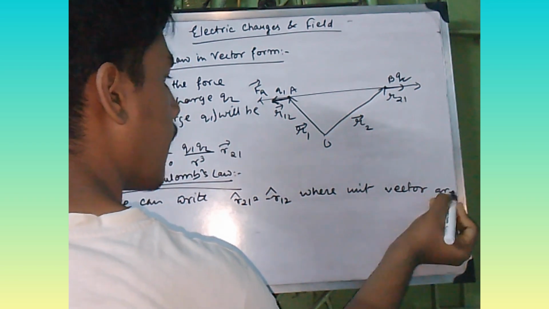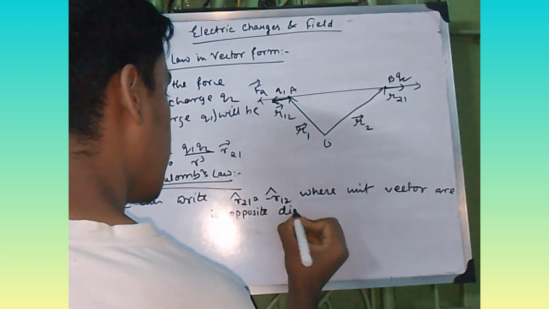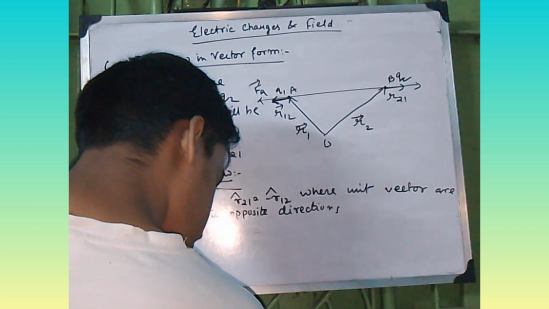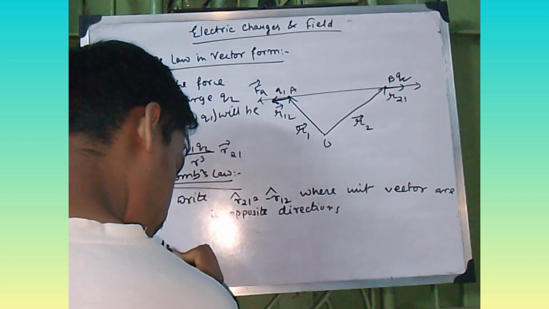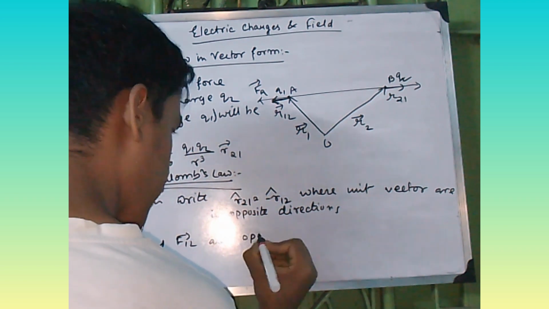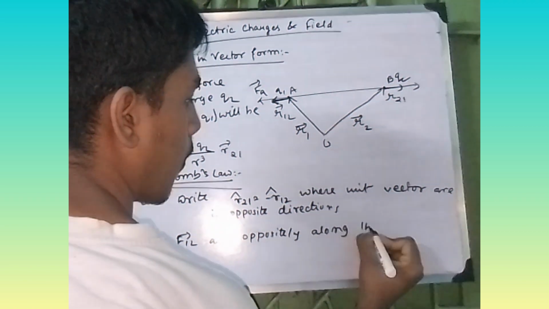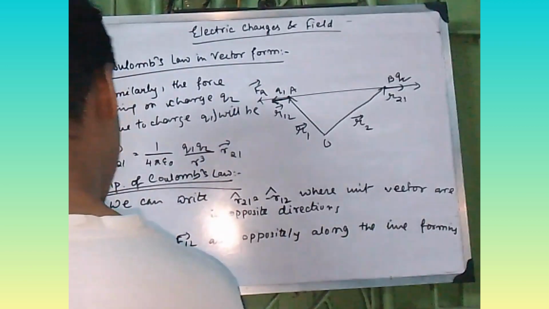Since the unit vector is in the opposite direction, it follows the negative pattern. Again, we can express the forces F21 and F12 act oppositely along the line joining the two charges q1 and q2. That is the electrostatic force, which means it is a central force.